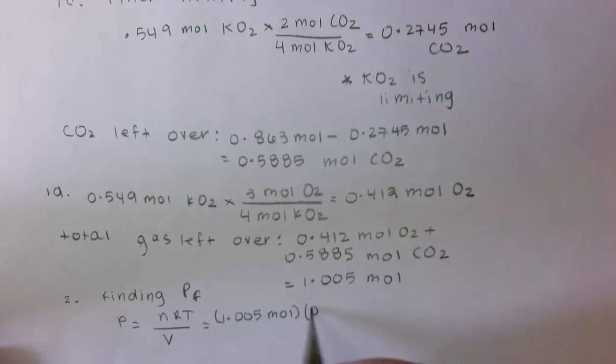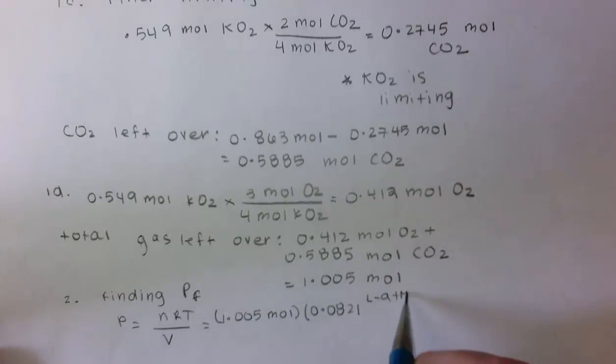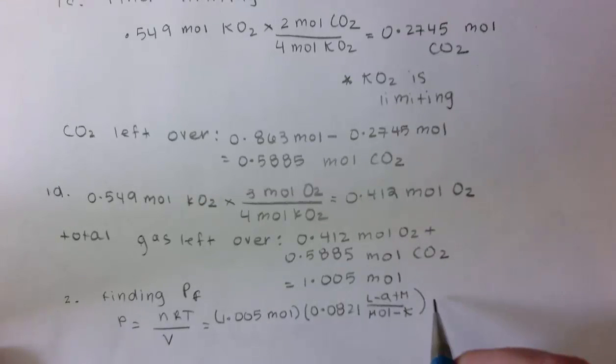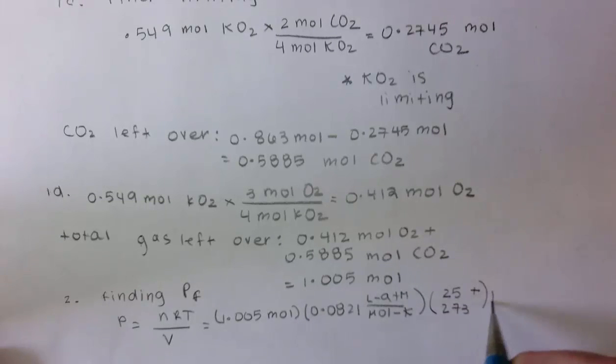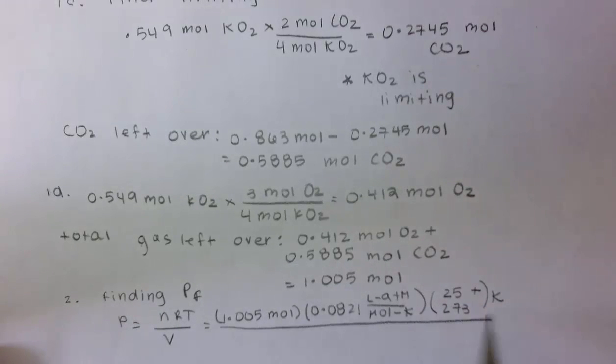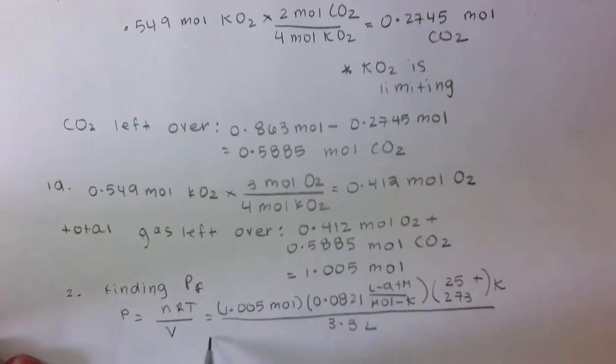Our R is 0.0821 liter atmospheres per mole Kelvin. And we have our temperature. We're told that it remains constant in the problem statement, and I converted it to Kelvin. Then I'm going to divide by our volume, which is 3.3 liters. And I end up getting that the final pressure is 7.4 atmospheres.